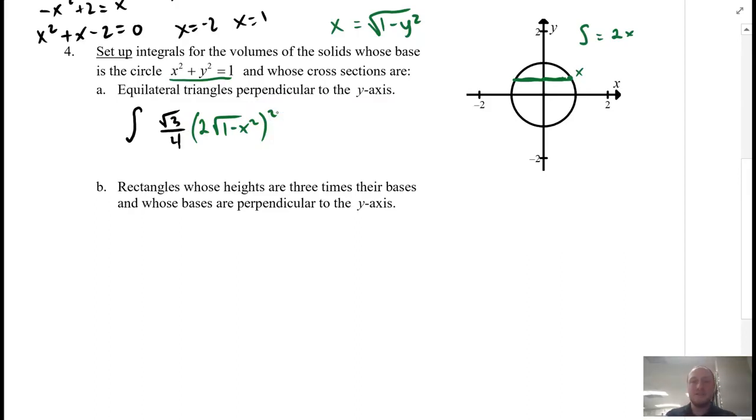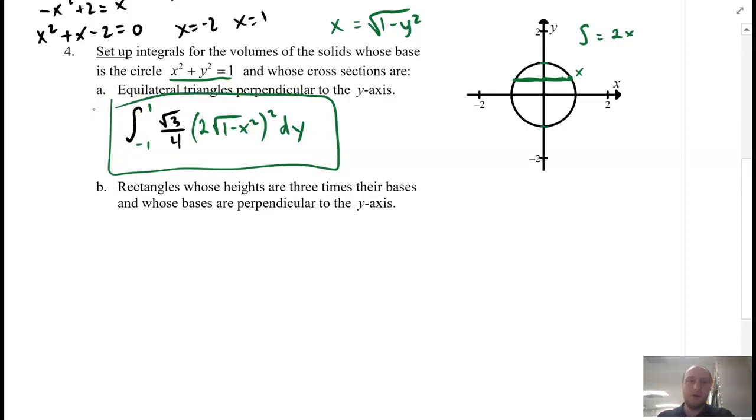Notice this is perpendicular with the y-axis, so we are going to integrate with respect to dy. Now, as far as limits go, this is a circle that has a radius of 1, and you can see that, right? So my limits are negative 1 to 1. And there you have it. That's it.